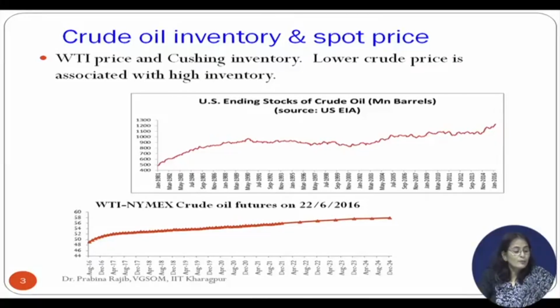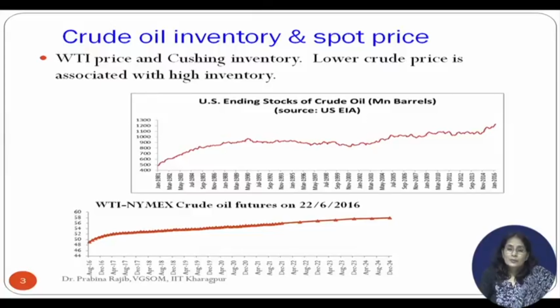If you can see, by May 2016 it is at an all-time high. This picture shows data up to January 2016, but actually it has gone up to May 2016. Now when we juxtapose both these pictures, we can very well see that whenever there is an abundant supply of a particular underlying commodity, the market tends to exhibit contango.